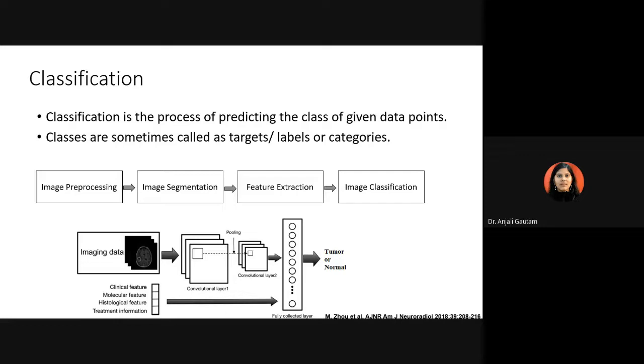As we are talking, in classification nowadays people have started using deep learning methods. Basically they are just extracting the features. They don't have to perform any kind of pre-processing, segmentation or these kinds of operations. They can directly use these deep learning layers, that is convolutional layers, pooling layers and fully connected layers, and on the basis of that they extract the features.